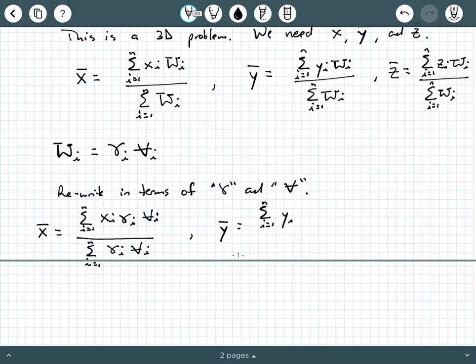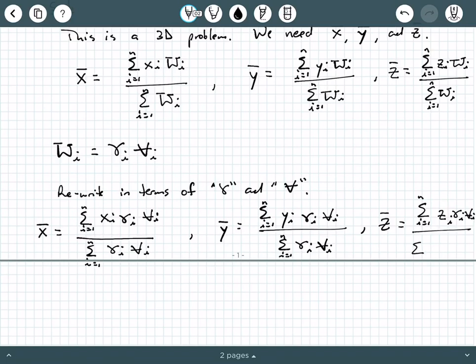Similarly, y bar is the summation of y sub i, gamma sub i, v sub i, divided by the summation of gamma sub i, v sub i. And very similarly, z bar is the summation of z sub i, gamma sub i, v sub i, divided by the summation of gamma sub i, v sub i, with i going from 1 to n.